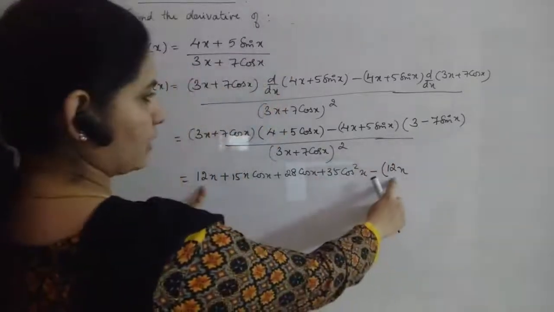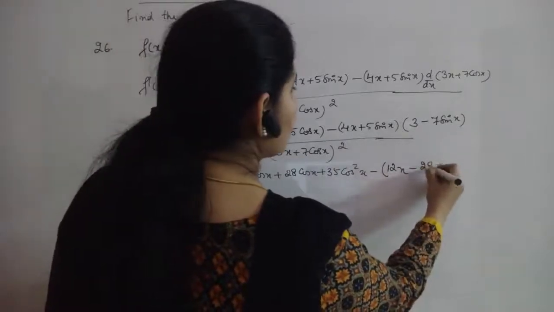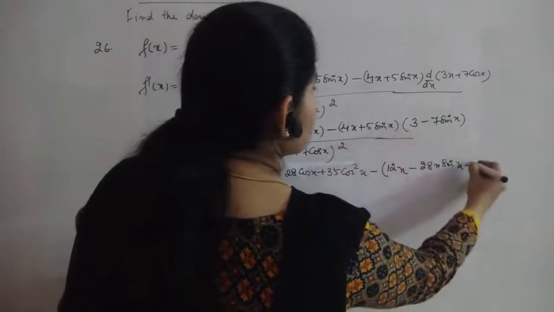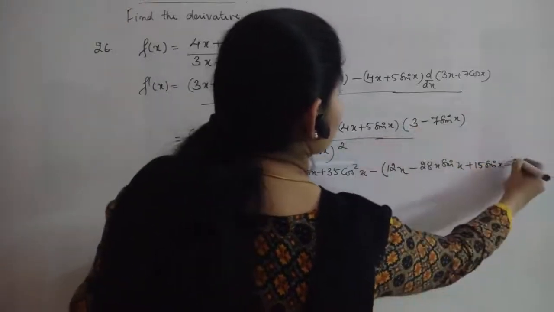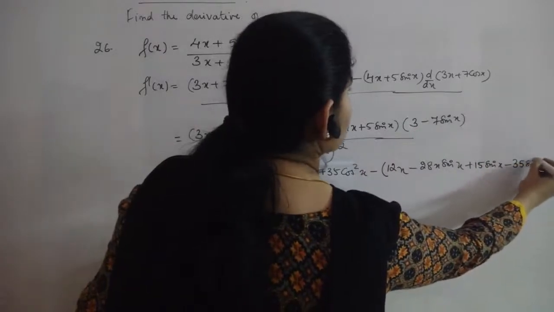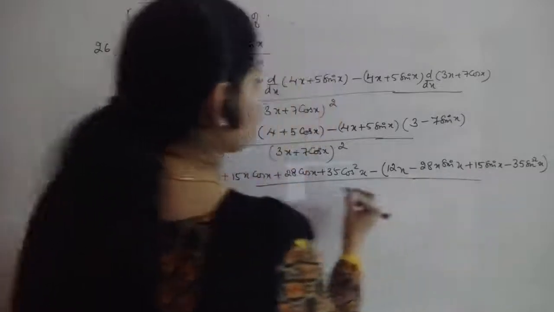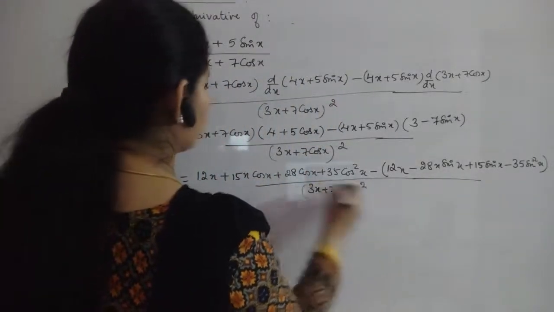So that 12 can go. Now here minus 28x sin x plus 15 sin x minus 35 sin square x, whole divided by 3x plus 7 cos x the whole square.